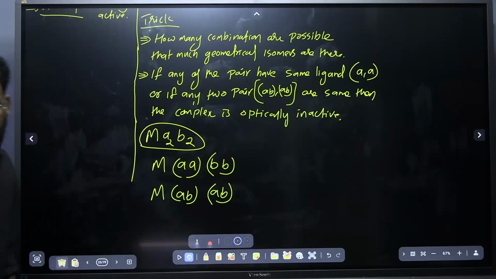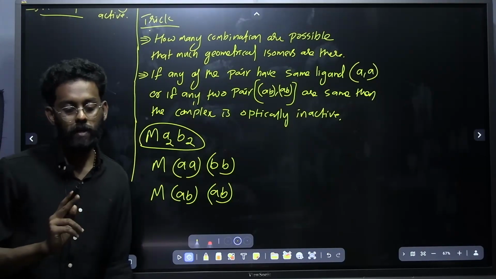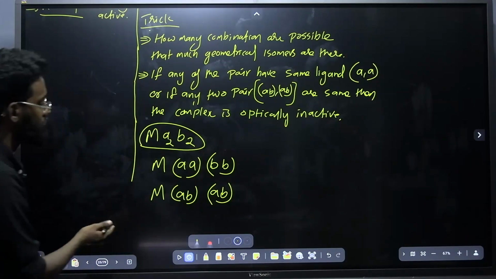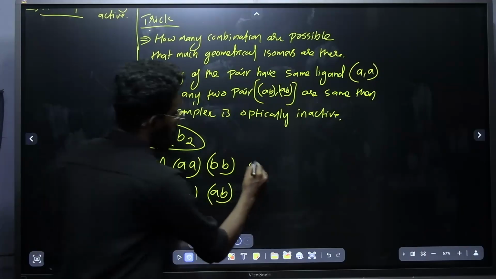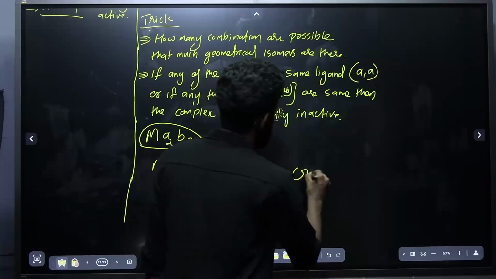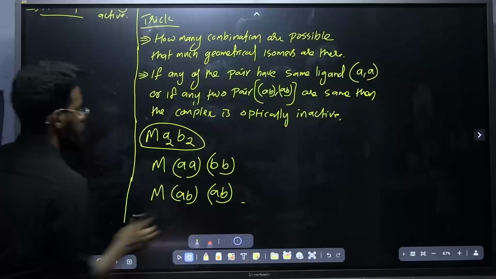Any more combinations are possible? No, right? So 2 combinations are possible, and so 2 geometrical isomers.